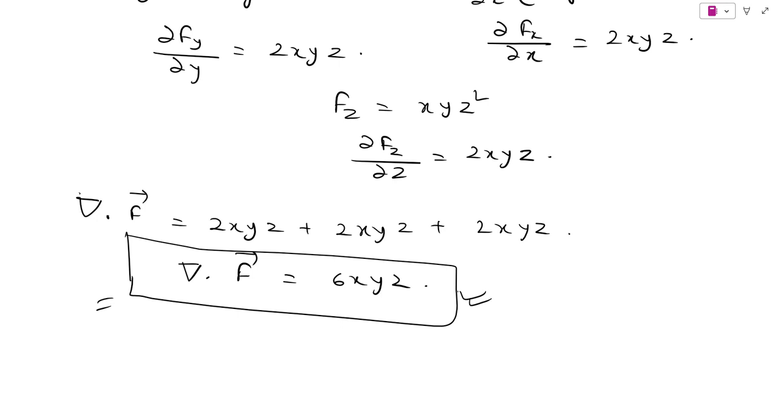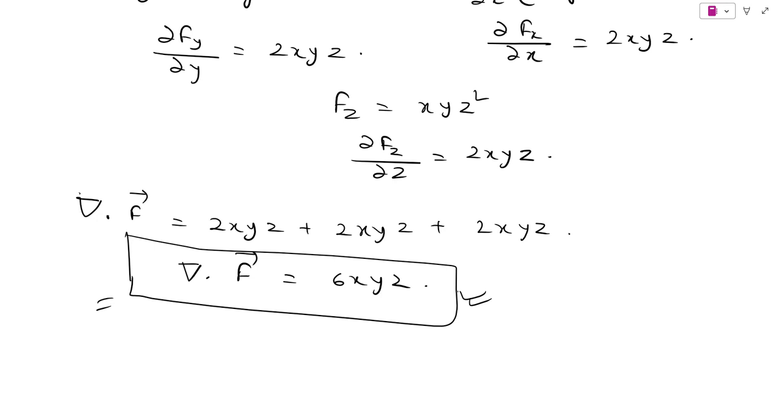Now let us understand why divergence is so important in geophysics. First is gravity. If the divergence of gravitational acceleration is zero, there is no mass inside the region, and if it is non-zero, it indicates the presence of mass. And this idea is closely related to Gauss's law for gravity. Second is groundwater flow.